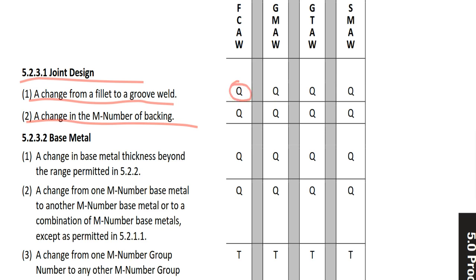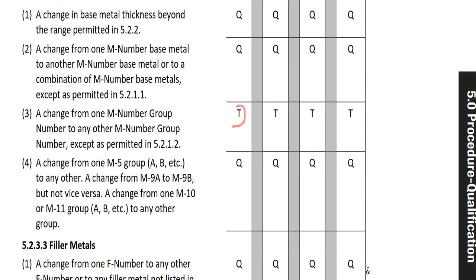Q means qualification, and T means when an impact test is required. The variables changed beyond the limits in Table 8 require requalification.